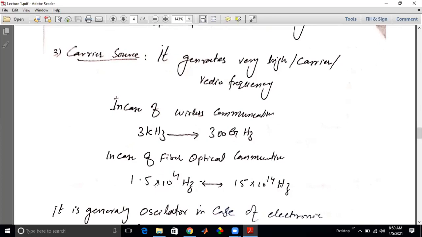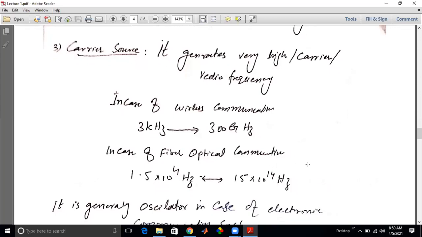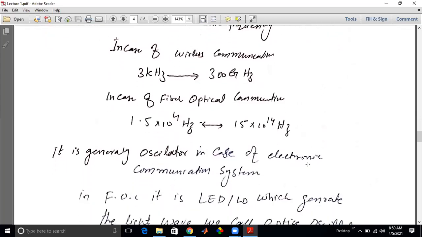So this is a very high frequency as compared to this. And for this we will use optical oscillators. We will study the optical oscillator, how they generate the light signal for us. In the case of optical fiber communication, this is a very high carrier frequency.